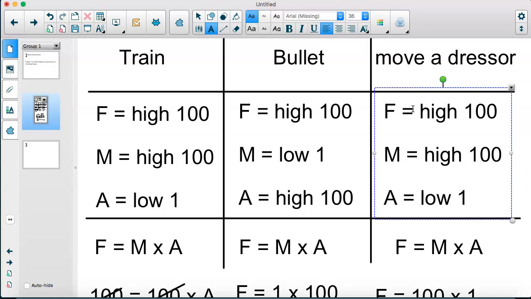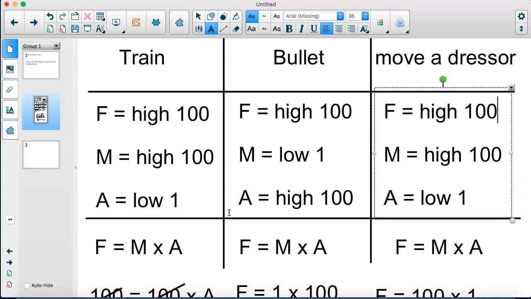If you're driving a car, which has a lot of mass and can produce tons of force, think about how much energy it would take to move that and how dangerous a car can be, right? Because if something has a high force and it's also moving at a high acceleration, it can hit things pretty hard.